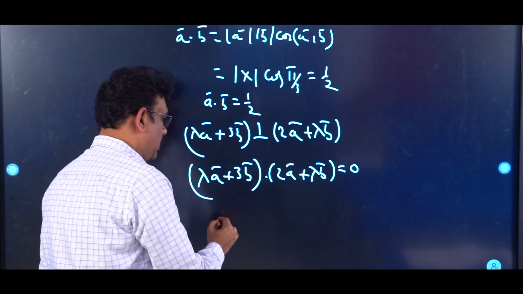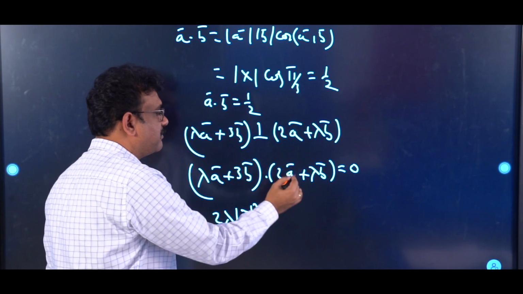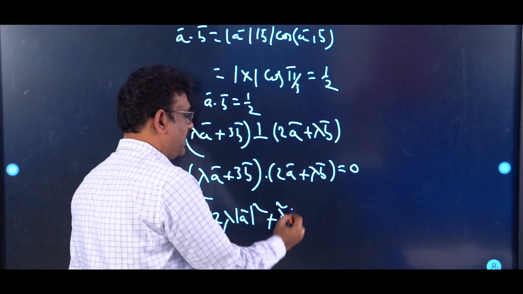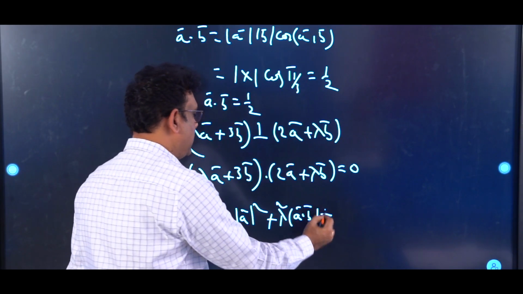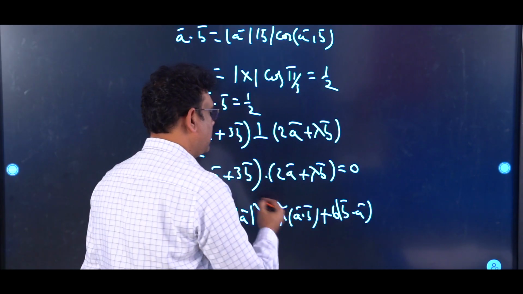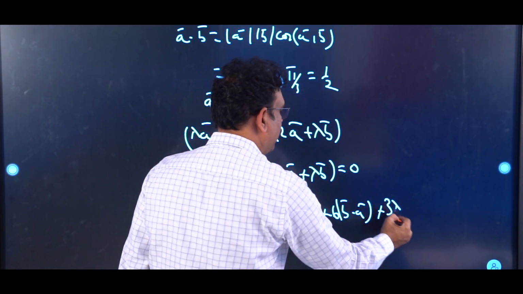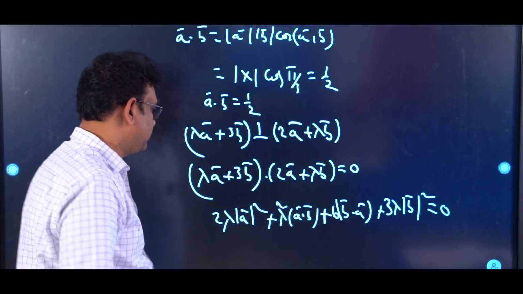So 2 lambda into a bar dot a bar, that is modulus of a bar square. Next lambda square a bar dot b bar, plus 6 into b bar dot a bar. Next 3 lambda into modulus of b bar whole square equal to 0.